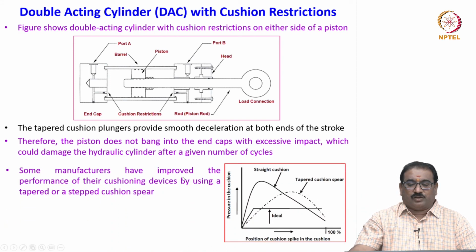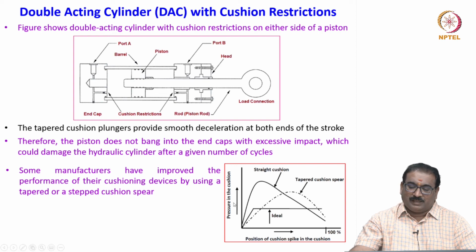Some manufacturers have improved the performance of their cushioning devices by using a tapered or a stepped cushioning spear. You will see the pressure in the cushion versus the position of the cushioning spear. You will see here the straight cushioning performance.